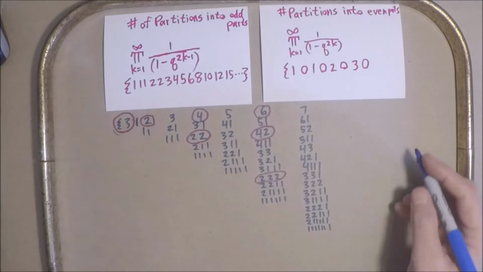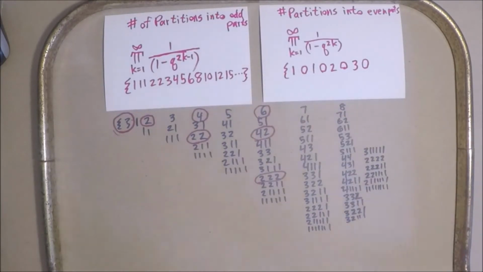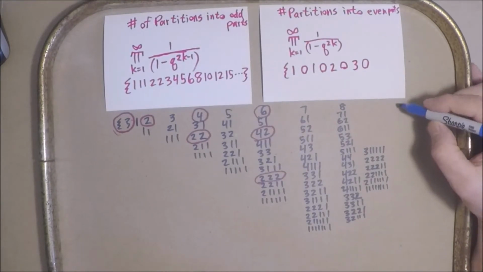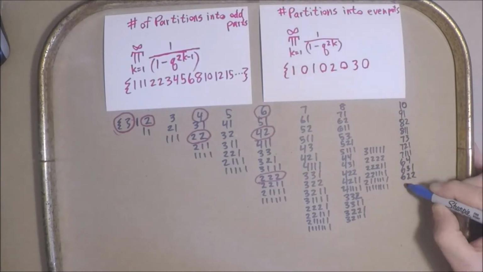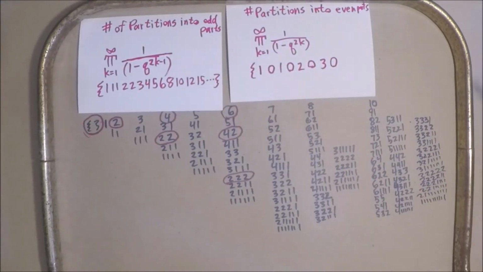I'm going to do a couple more for good measure. No, well, we won't do 9. We'll just do 10, because 9 we know is 0. And let's check that. And we get 42, which is correct.